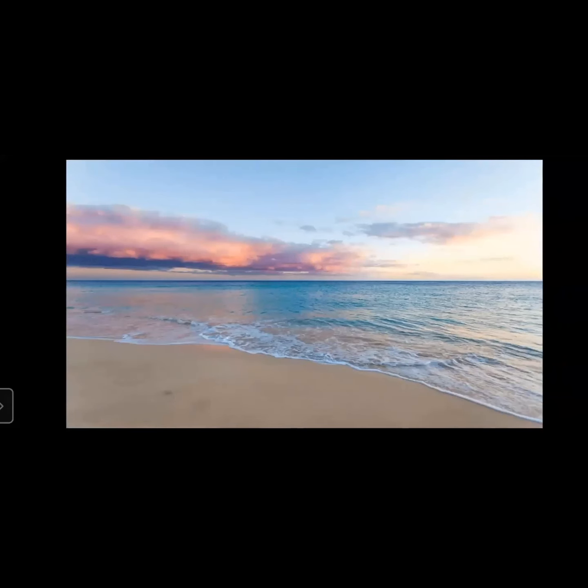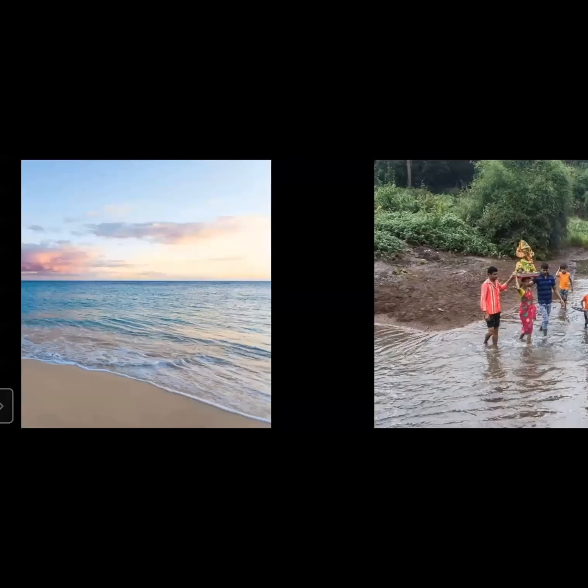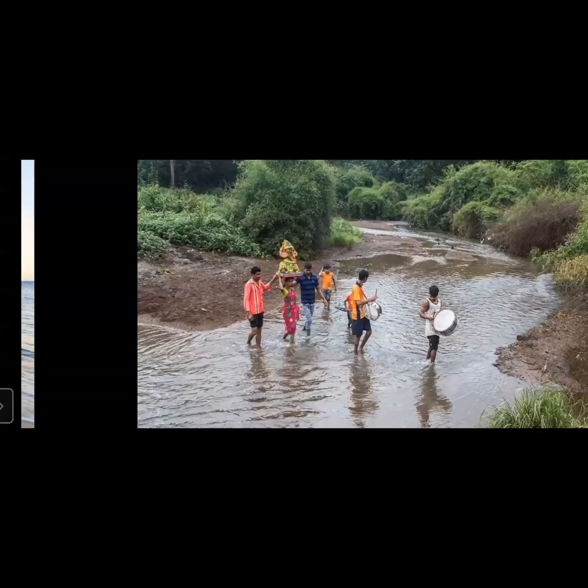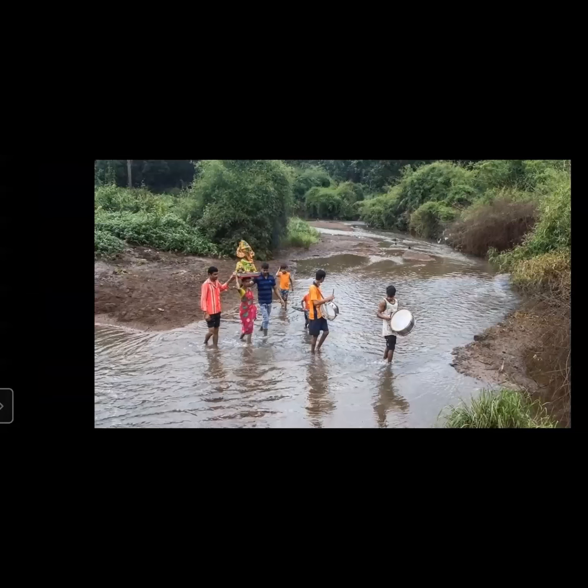Now, children, you might have gone for a picnic, on the beaches you can see water. Recently you might have visited your villages.